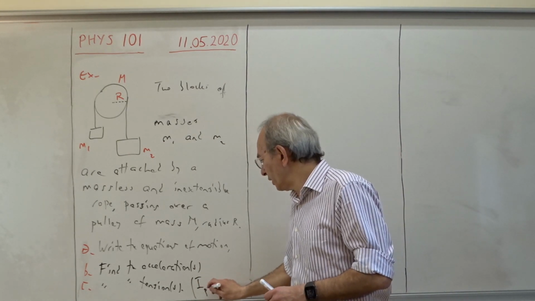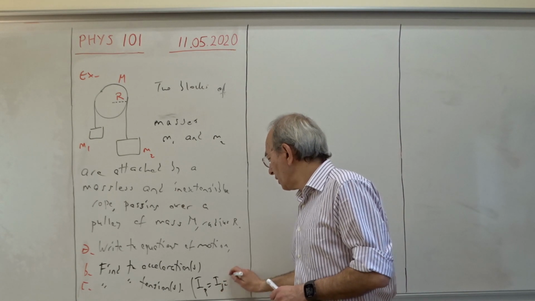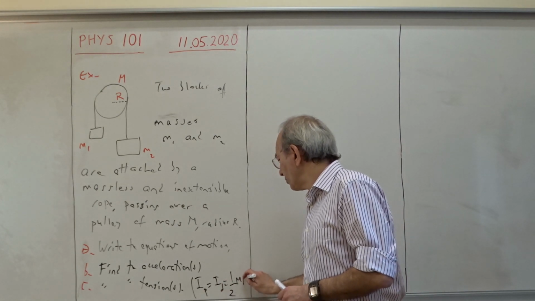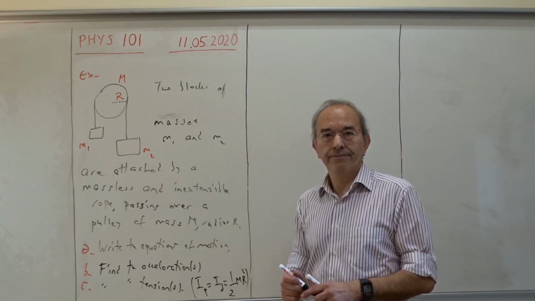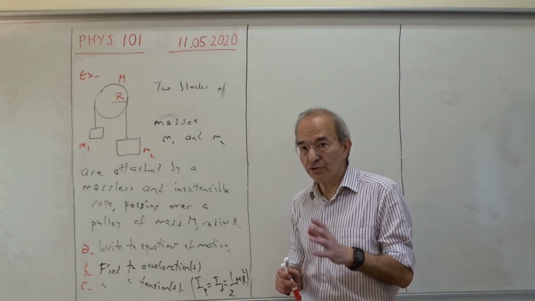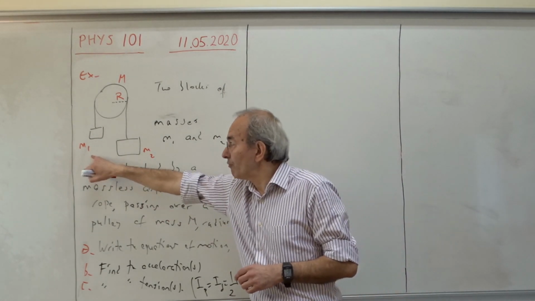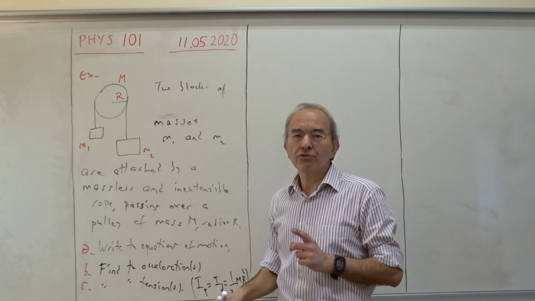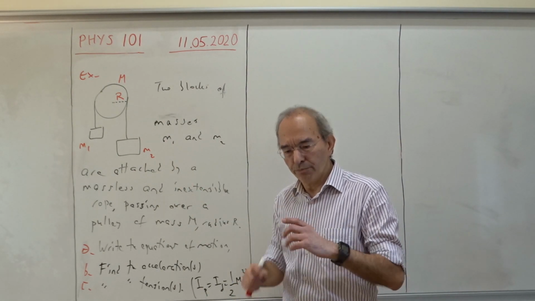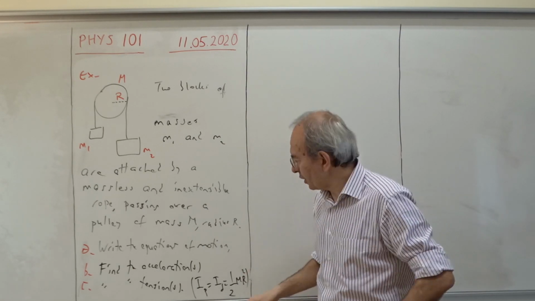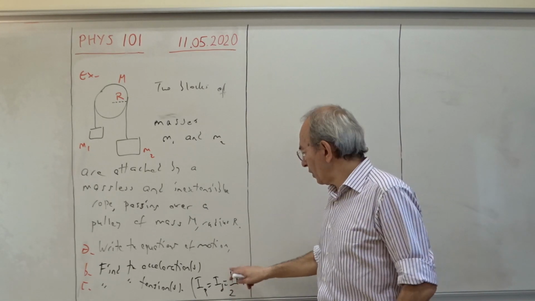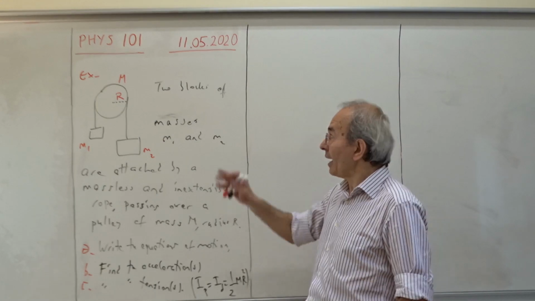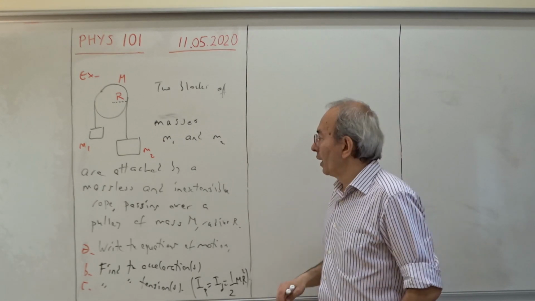The I of a pulley, which is a disk, is 1/2 m r squared. But please don't confuse the masses: little m1, little m2 for the blocks, capital M for the mass of the pulley. Pulley is a kind of disk, and we know the inertia of the disk is 1/2 m r squared. And m and r are both given.